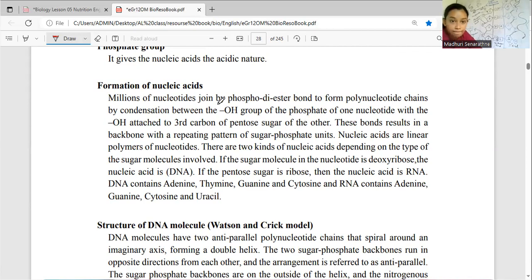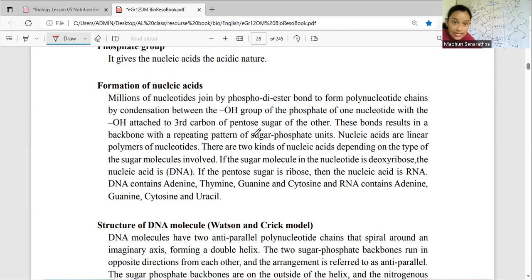By the condensation reaction between these two, they form phosphodiester bonds. These bonds result in a backbone with the repeating pattern of sugar phosphate units.